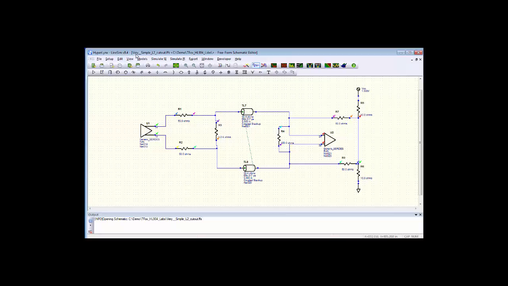What we're doing, this is one of my labs that is a 9.4 lab. It's the very simple L2 cutoff, etc. So this just happens to be the schematic portion. So this is the line sim part.